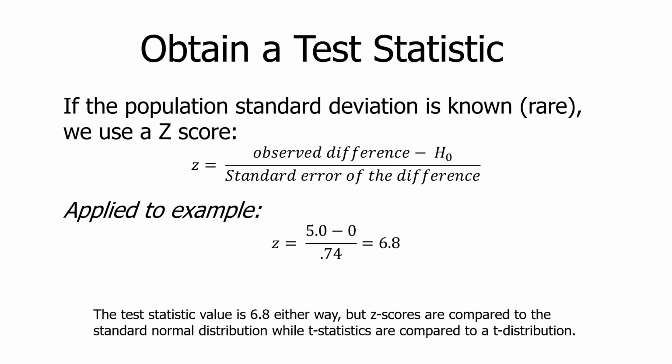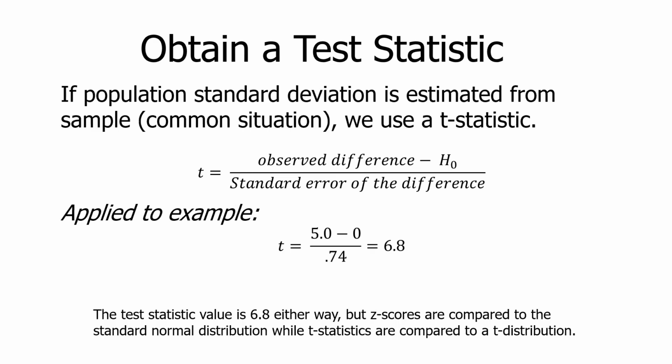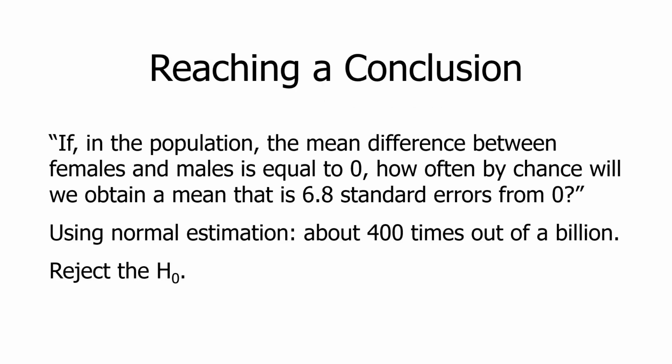See how many standard errors those two numbers are apart. The same test statistic, of course, can be computed for the t statistic. It's the same math. The distribution for t, as you know from the previous chapter, is different from z, but for large values of n, the two distributions are very similar. In both cases, the test statistic is 6.8.